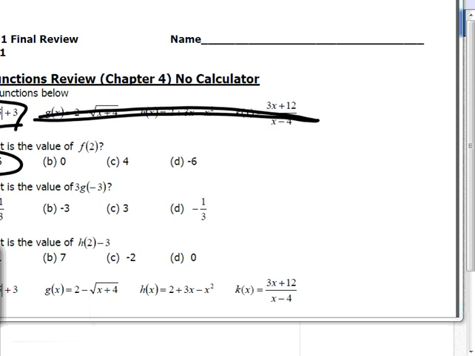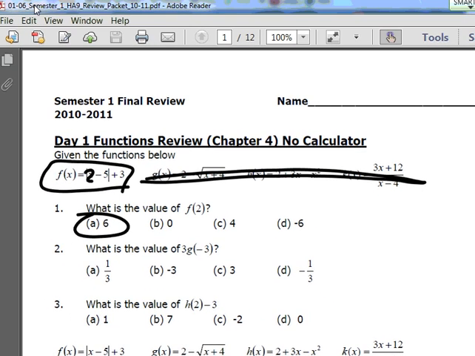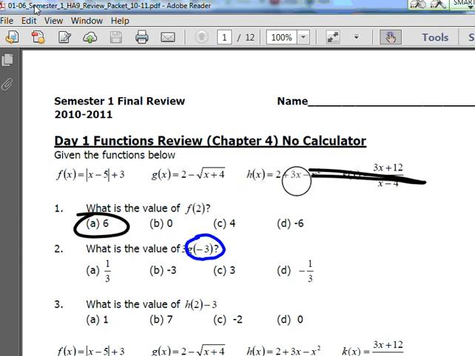Alright. For those that are able to get this open, when you get to problem number 2, problem number 2 says, what's the value of 3 g of negative 3? Start by figuring out g of negative 3. Act like that's the question. What's g of negative 3? Well, I got to focus in on the g function.